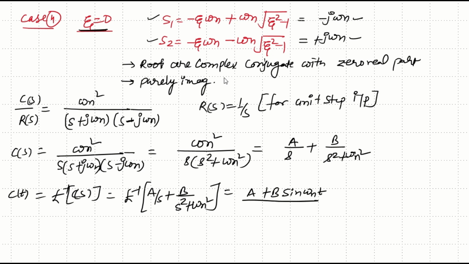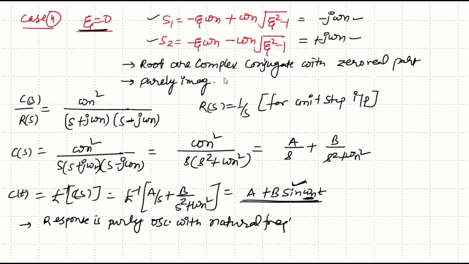So here we can see the response is purely oscillatory, with oscillating frequency omega n. The response is purely oscillatory with the natural frequency of oscillation omega n radian per second.